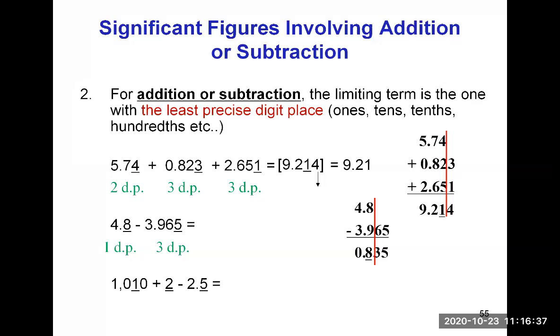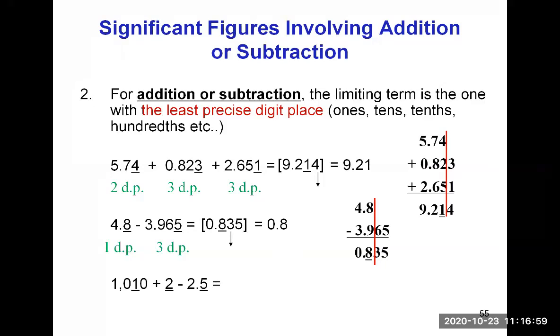The calculator answer here is 0.835. So we decided we need to keep 1 decimal place, which means we only keep the 0.8 here. What comes after is a 3, so you round down, and that means you keep the 8 as it is, and so the final answer would be 0.8.